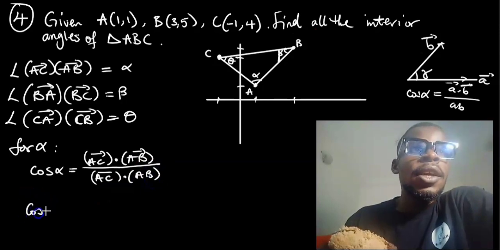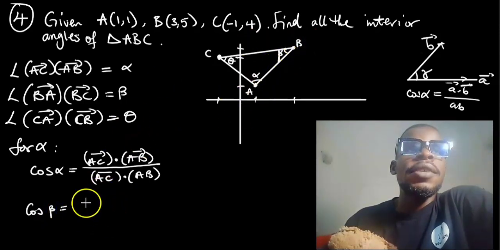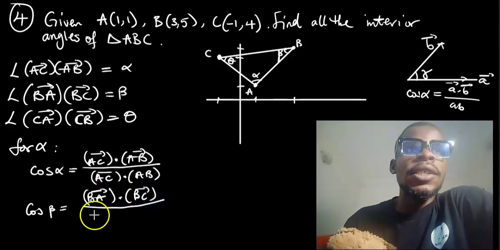Similarly, the cosine of the next angle, beta, is BA dot BC divided by their lengths, line BA times line BC.